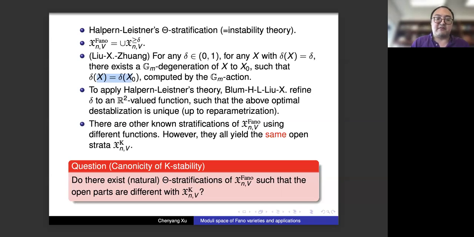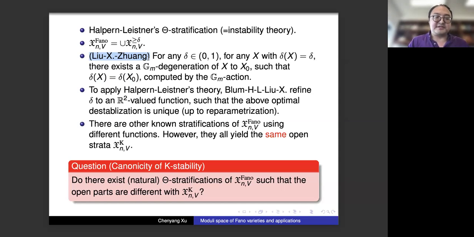I'm not going to specify what the second minimum is. But if you put all this together, that gives the uniqueness of this optimal degeneration. And the existence is essentially from the same work.